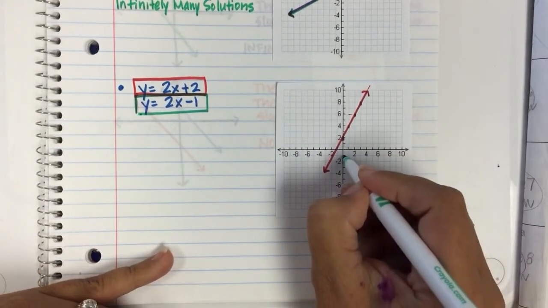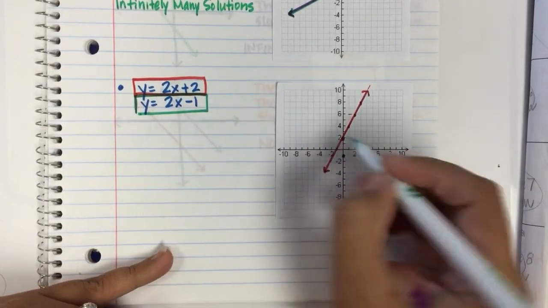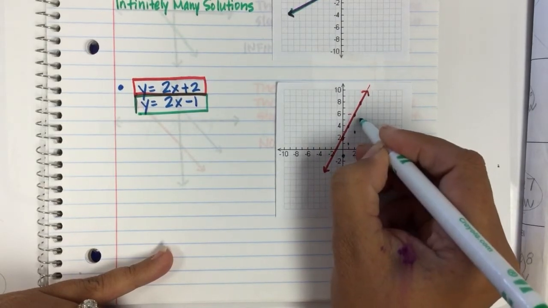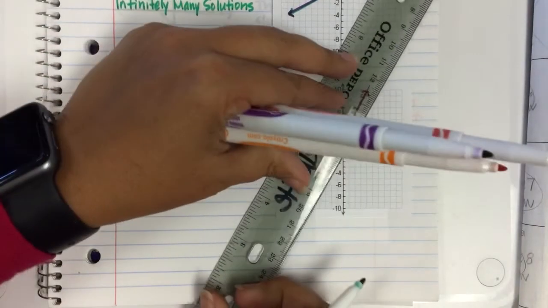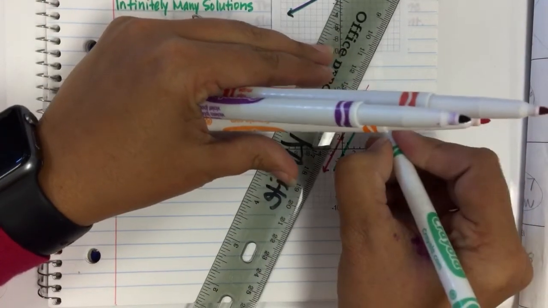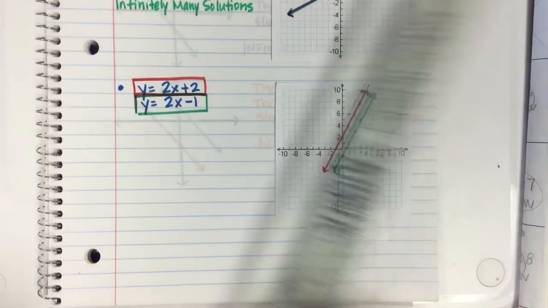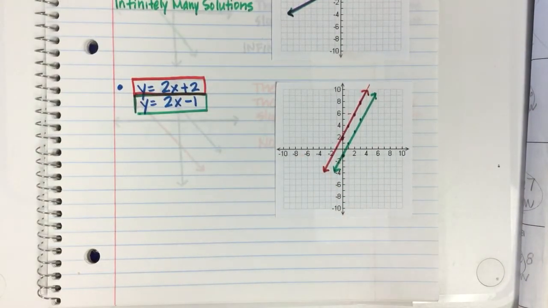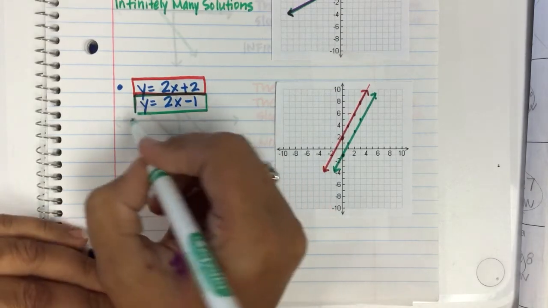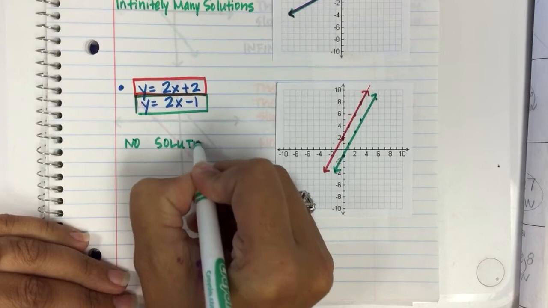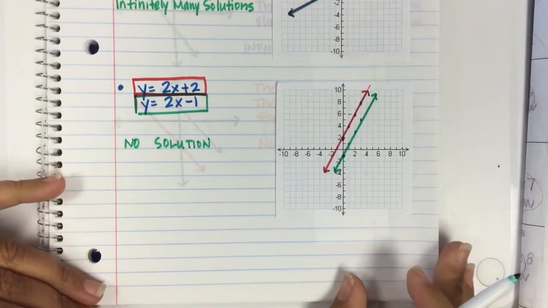So I'm going to start at -1. Slope is still 2, so I'm going to go up 2, over 1, up 2, over 1. And when I graph this line, I see that these lines are parallel, which I could have known because I see that the slopes are the same. But if these lines are parallel, then they never intersect, and so there's no solution.